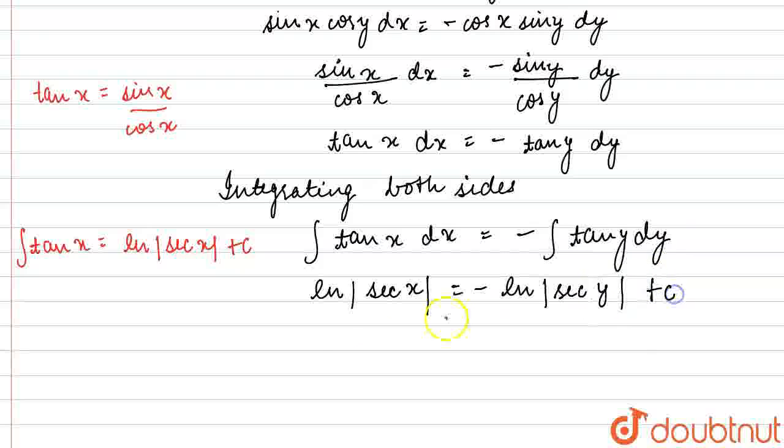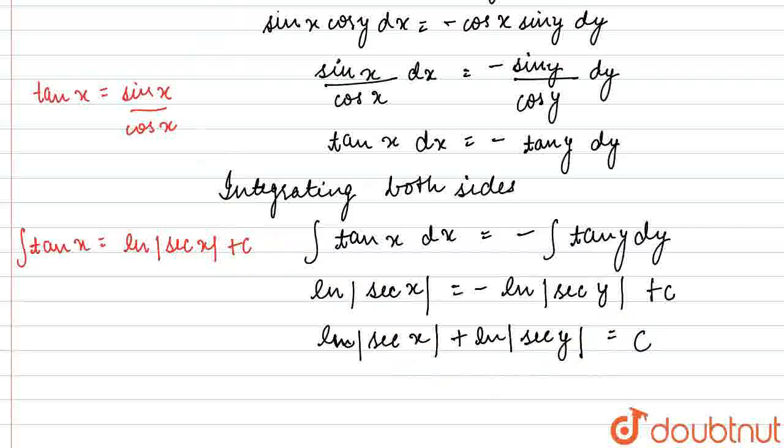Taking this minus ln sec y to the left hand side, I'll get ln mod of sec x plus ln mod of sec y is equal to c.